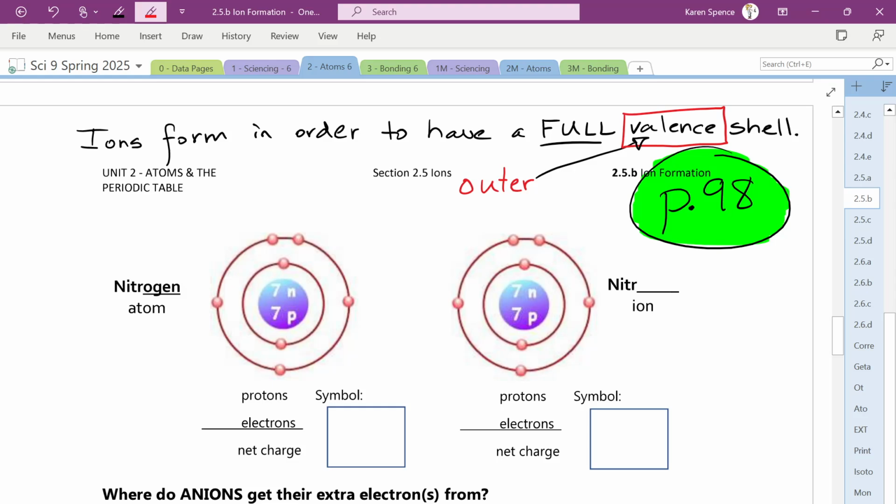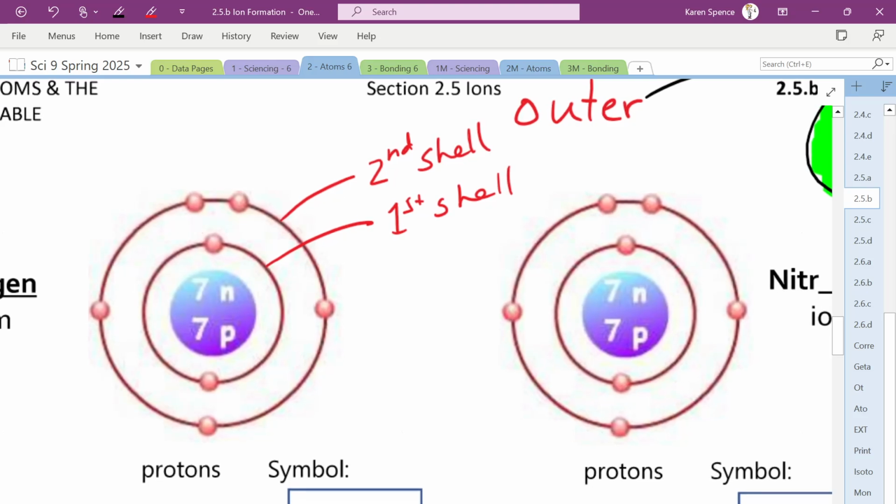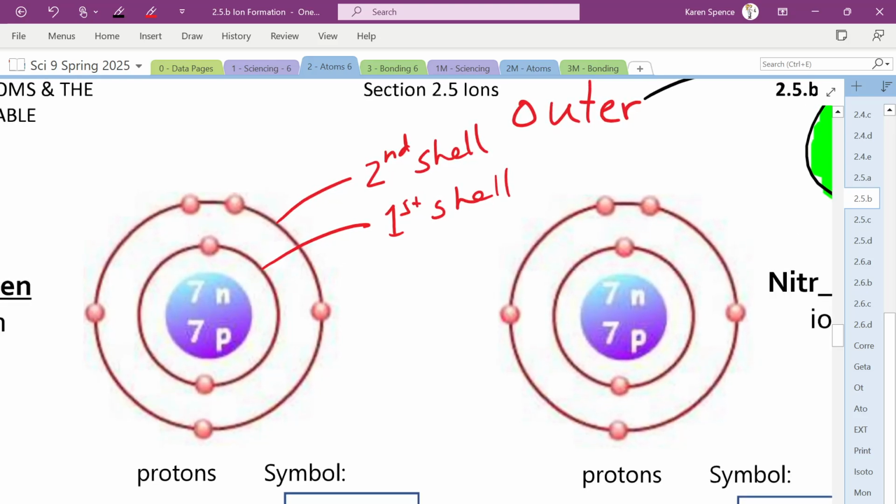And if we're on shell number 2, because we have shell number 1 and we have shell number 2, how many is full for our second shell? 8.